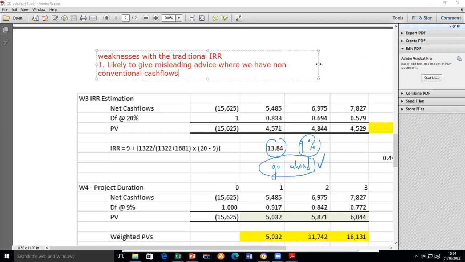What do we mean? These are what we call conventional cash flows that we have here: an outflow at the beginning, followed by a series of inflows. This is what we call traditional conventional cash flows. We have a huge outflow, followed by a series of inflows.